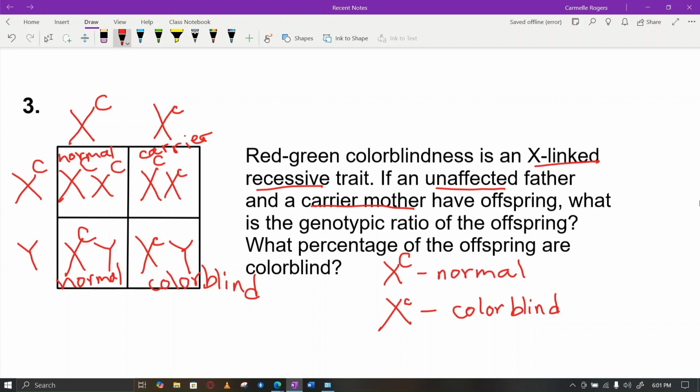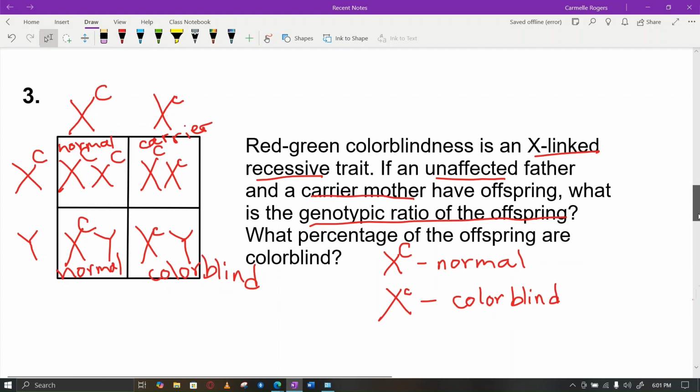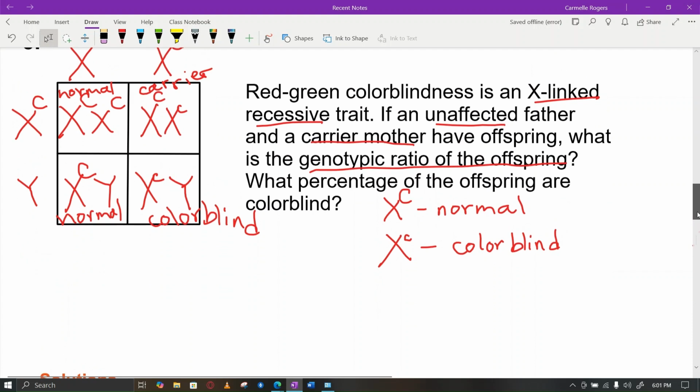Okay, the question is, what is the genotypic ratio of the offspring? Let's go ahead and start writing that out. We want to put in all of our genotypes from the offspring here. At the upper left, we have X capital C, X capital C. That would be homozygous dominant. There's one. And then we have X capital C, X lower c.